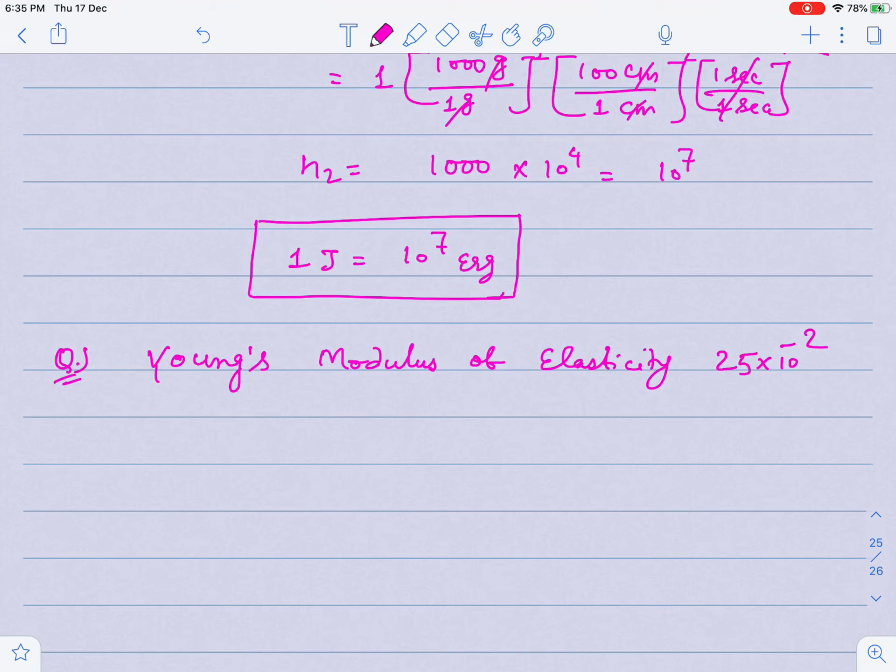This is in SI unit, and the SI unit, you know, will be Newton per meter square. You have to convert it into CGS unit and write the answer in the comment box.